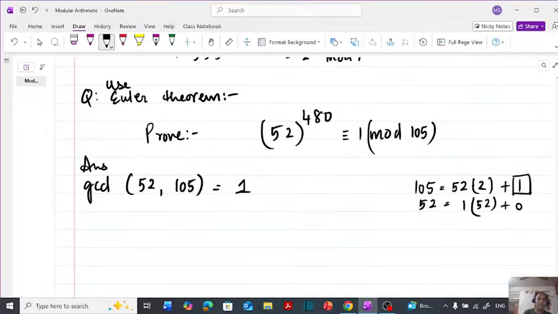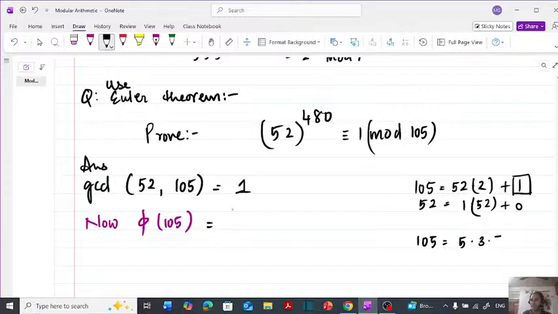Now let us calculate the totient function for 105. So totient function of 105, how do we calculate it? Let me help you out. So this totient function, we first do the prime factorization of 105. If you do that prime factorization, it's going to be 5 into 3 into 7. Okay, 7 threes are 21 and 21 fives are 105.